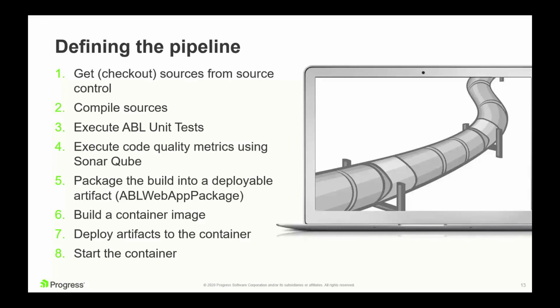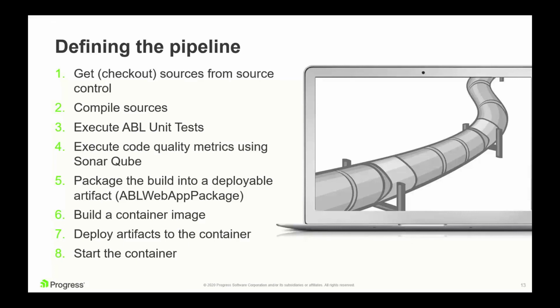What's next? We want to package this into something that we can actually deploy, so a deployable artifact. Today we're going to use something called the ABL WebApp package, which is also an Ant script that we offer, which makes it very easy from a source project perspective to build your web app that you can then deploy into a Docker container, into our base image that we offer as well on ESD and on Docker Hub.